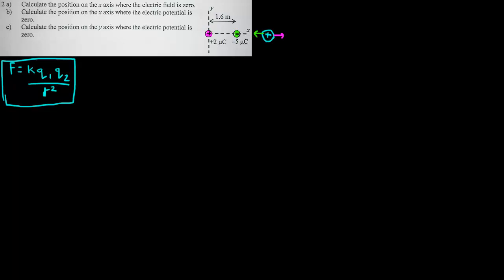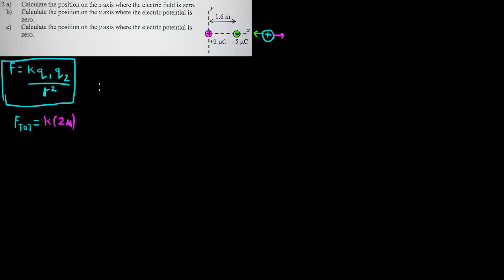So let us write the total force on our charge. The total force is going to be k times q1, and q1 in this case is the charge of the first point particle, and that's 2 microcoulombs. I'll just put 2 micro there.